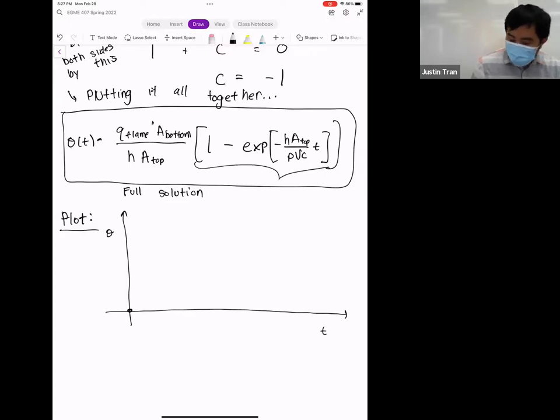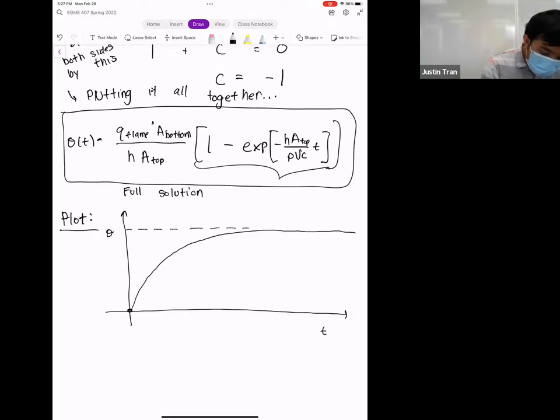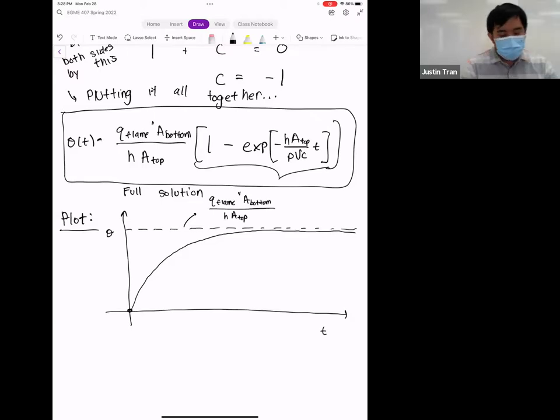What you get is something that looks like the following. So you have a rapid increase, and then it starts to taper off, and then you reach basically a steady state. With this line right here, the value of that line is Q flame times A bottom divided by H A top.